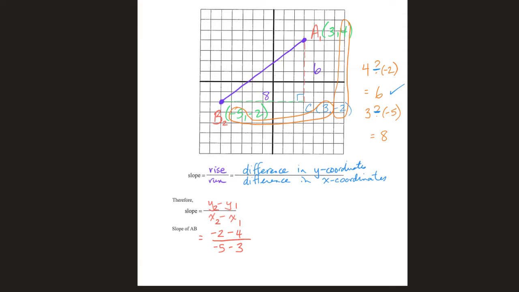And if I now make that calculation, that will be a -6 over a -8, which reduces to 3/4.